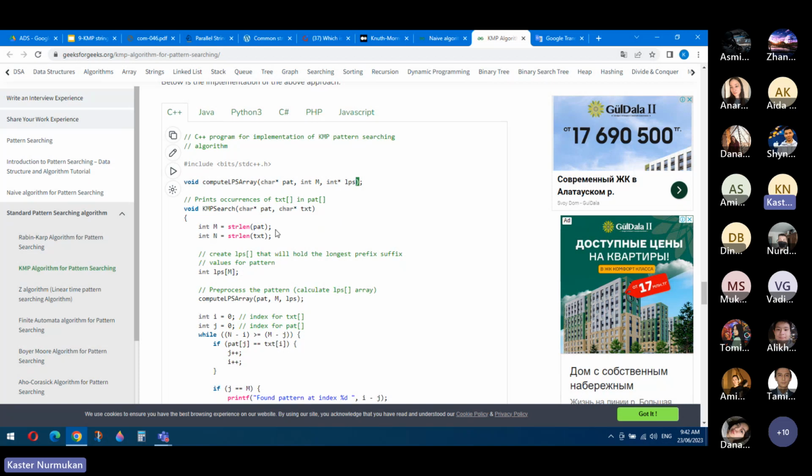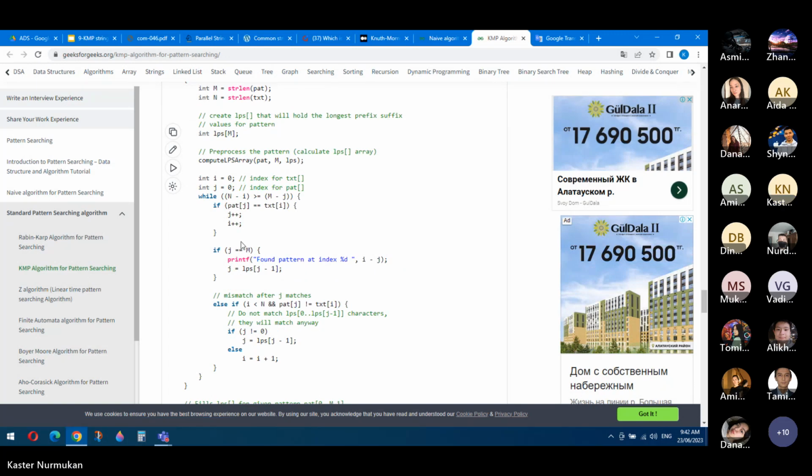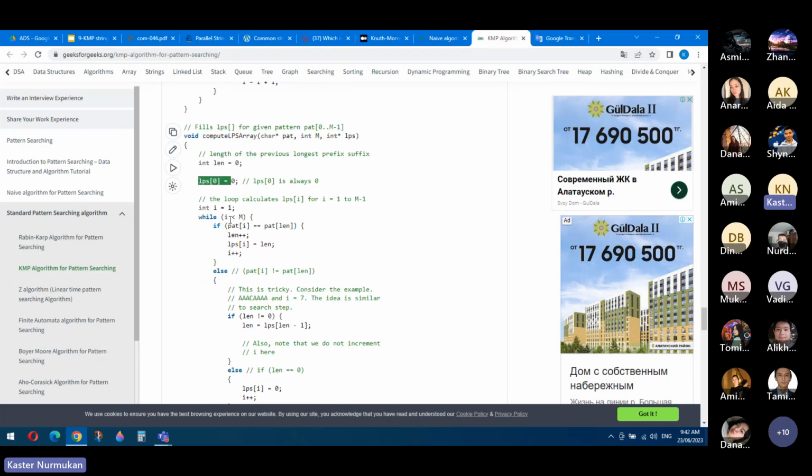So actually you get the N and M. That's the function here, as you can see. At first, both are 0. Then while M is bigger than N, they compare this pattern, this length.